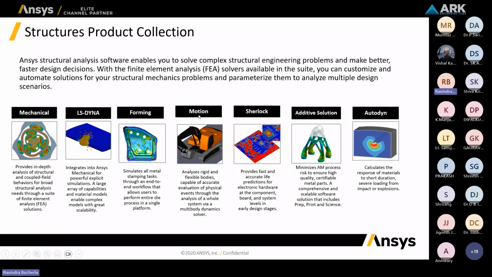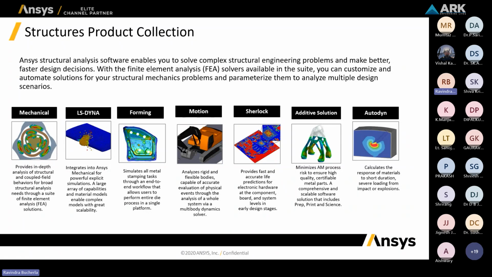And for multi-body dynamic analysis, where we will be having more than two components in our assembly, if you want to check the kinetic behavior of the assembly, or the rotations, gears, or any advanced multi-body dynamic analysis, generally we will go with ANSYS Motion if that assembly will contain both rigid bodies and flexible bodies. And ANSYS Sherlock is a tool dedicatedly designed for PCBs.